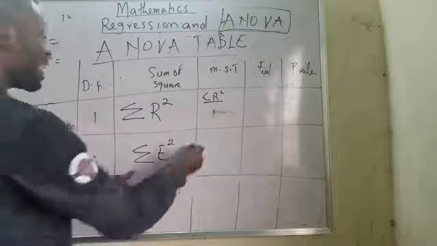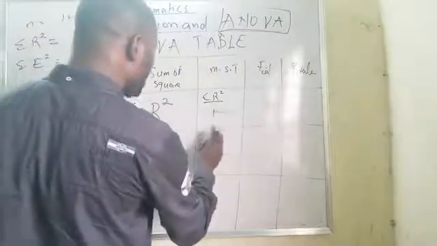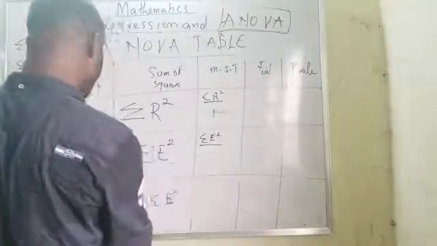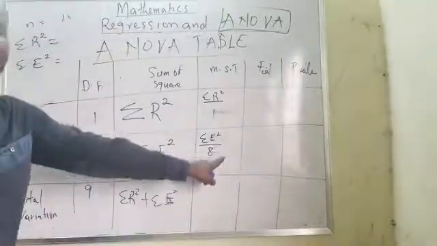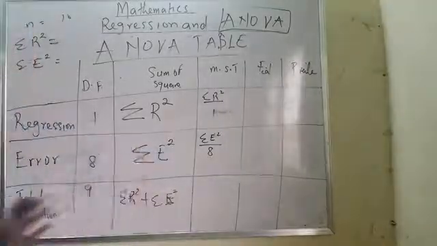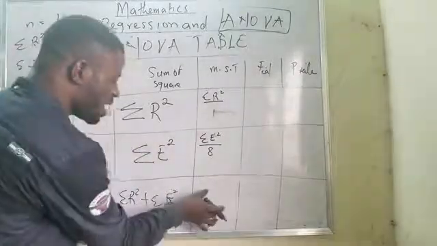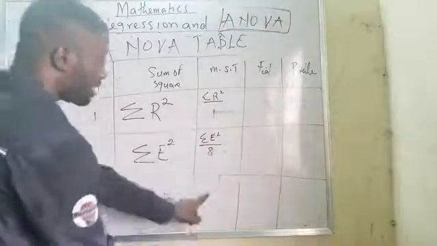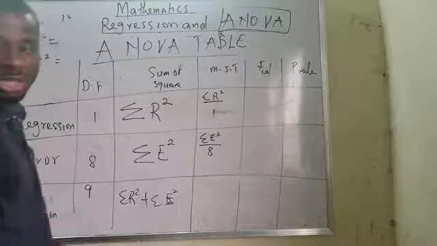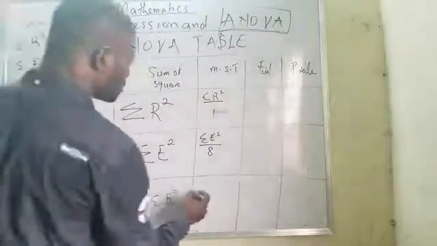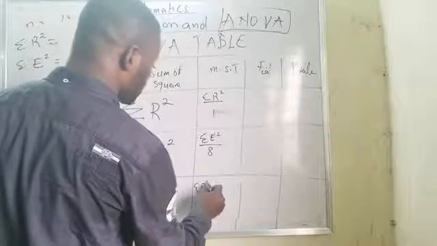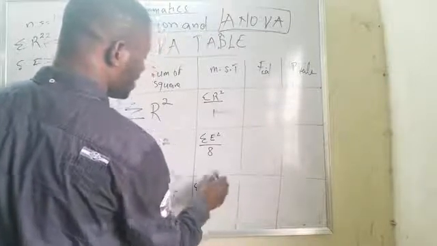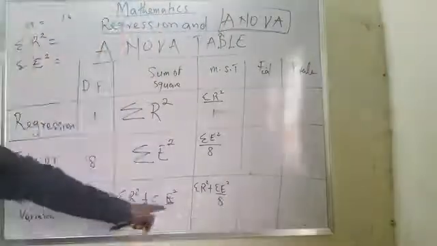Here I'll be having summation of error squared divided by my error number, which is 8. Please take note of that. Also here, I'll have this divided by this, or you add up the two and have summation of R squared plus summation of E squared all over 8, and it will give you the total.